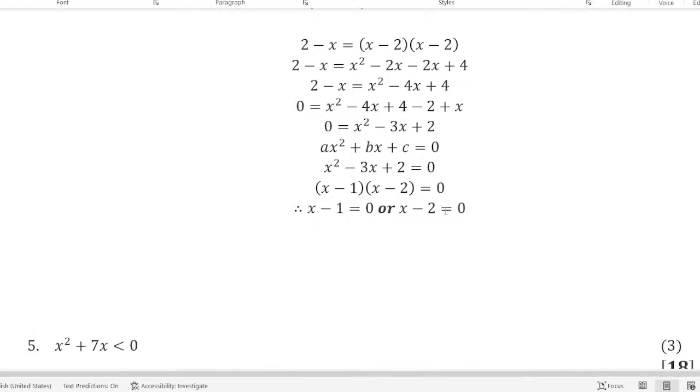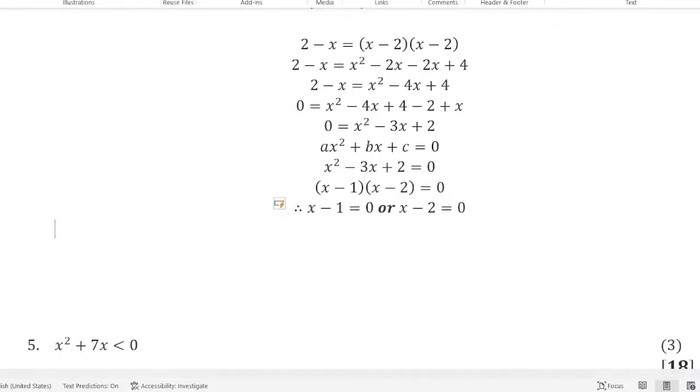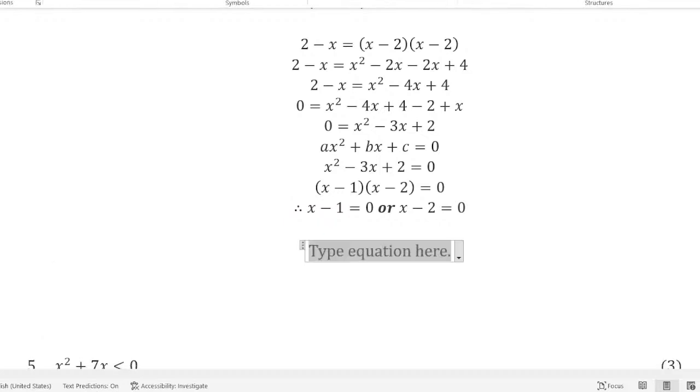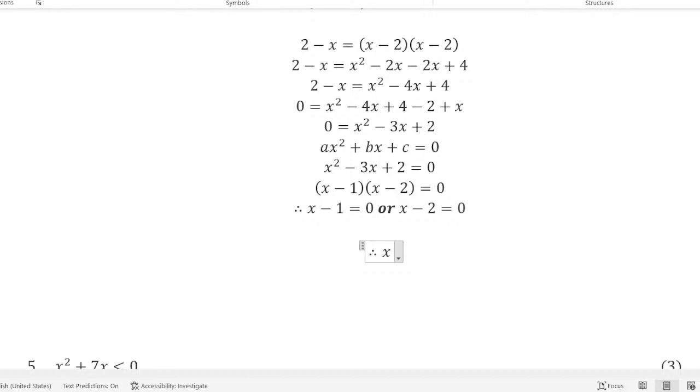Therefore x is equal to, so x is going to be a positive 1. Remember, to transpose is to move one term to the other side of the equation.